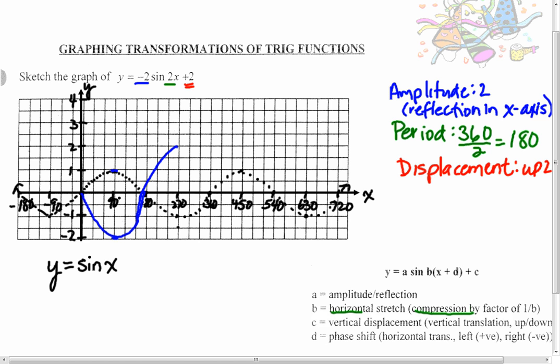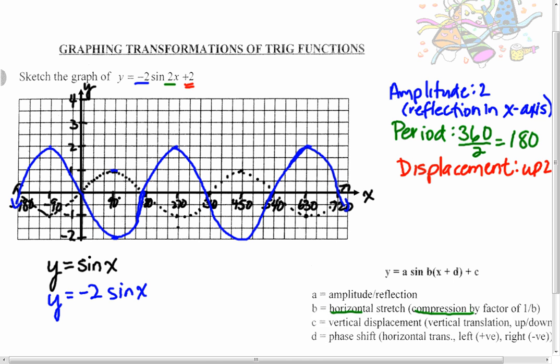There. Yours will be neater than mine. And to the left. There. That would be y equals minus 2 sine x.